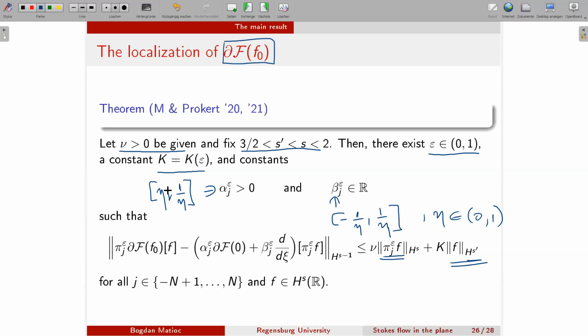Because of these properties, these Fourier multipliers are not only generators of analytic semigroups, but one can prove certain uniform estimates for these operators, and this is very useful when carrying over the generator property from this Fourier multiplier to the full derivative.